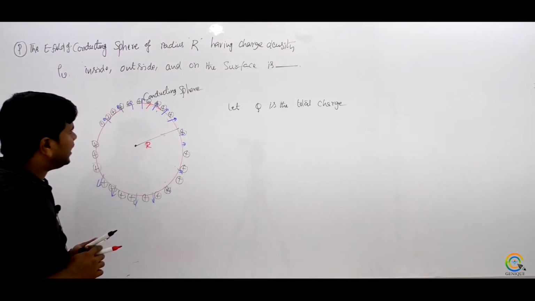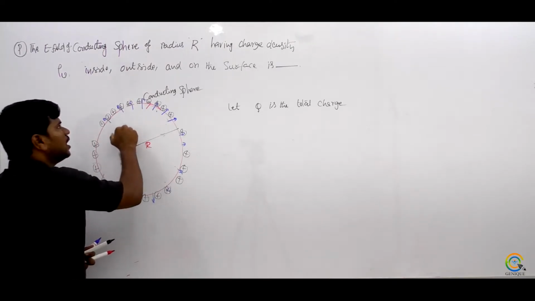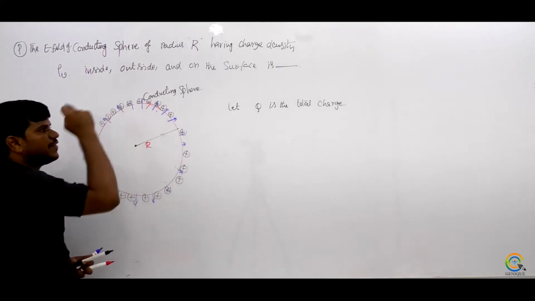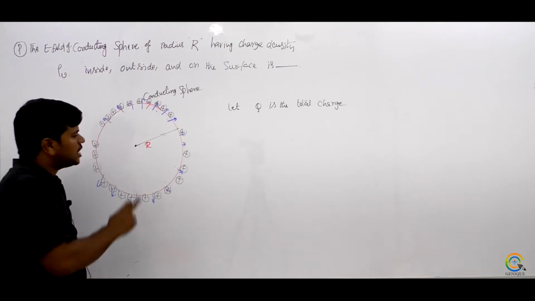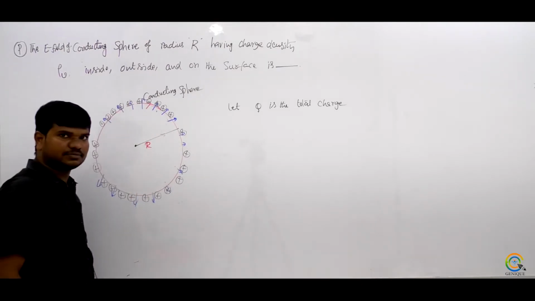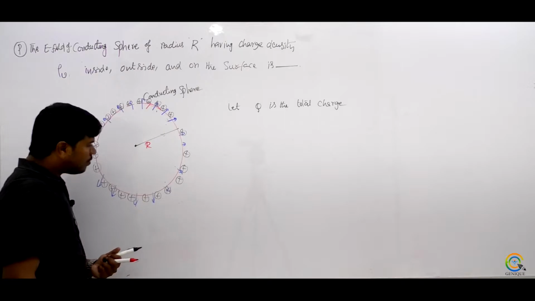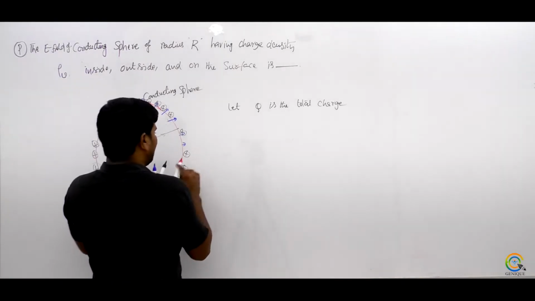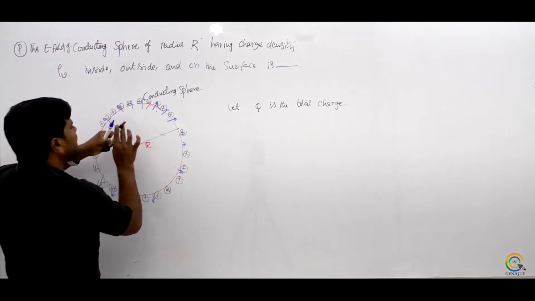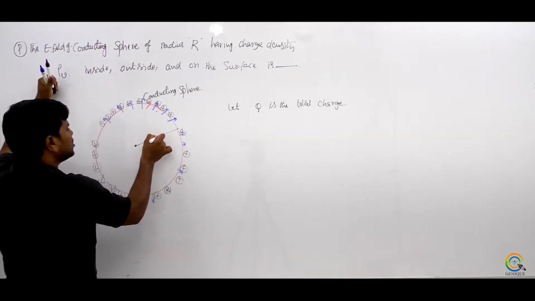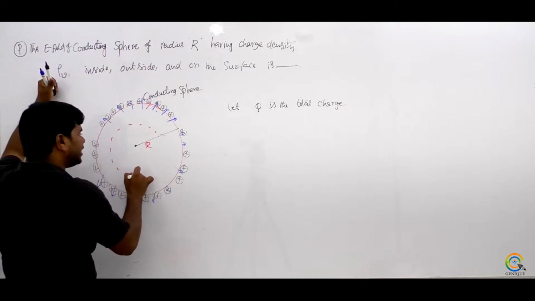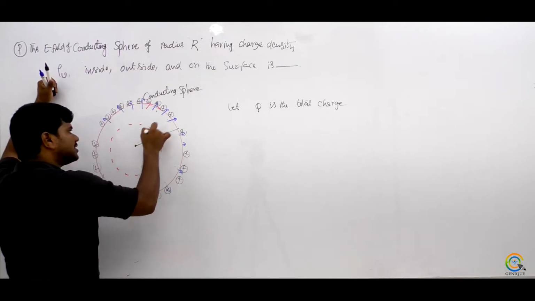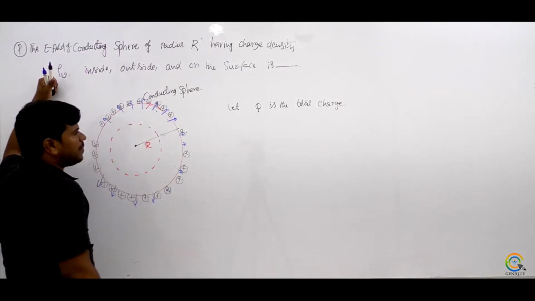Now what we have to find? The total charge has reached onto the surface. Suppose you want to find the electric field intensity inside, at any distance from the center of this sphere.